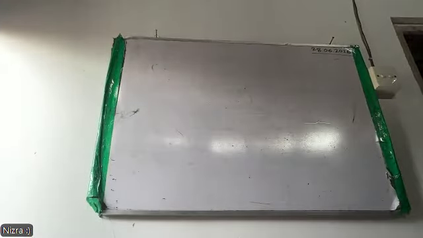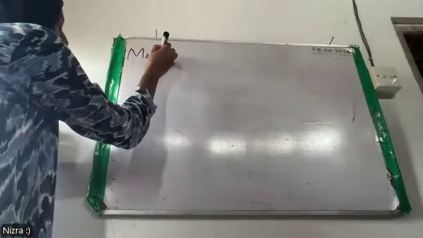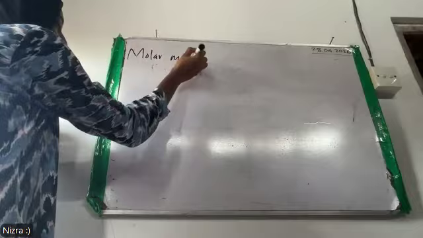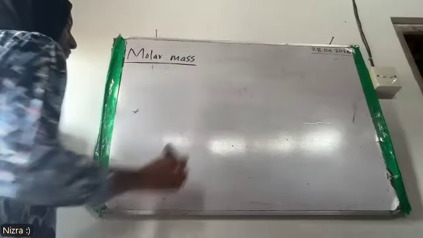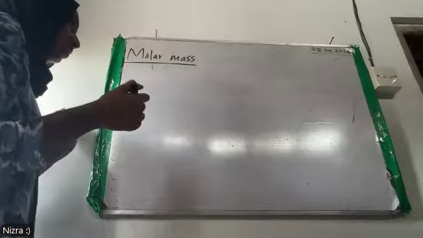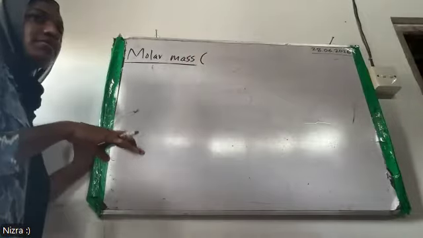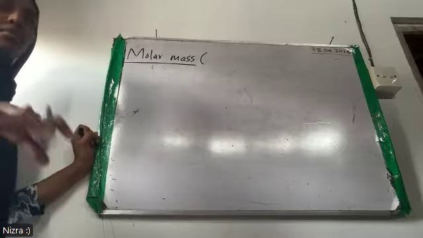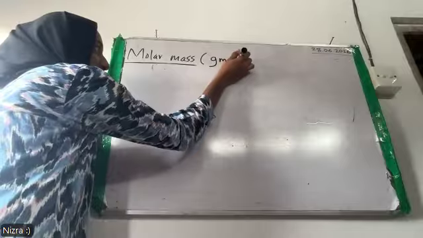Now, before going to the mole calculation, you should know a concept called molar mass. Molar mass has a unit. Relative atomic mass and relative molecular mass don't have units. Molar mass has a unit, that is gram per mole.